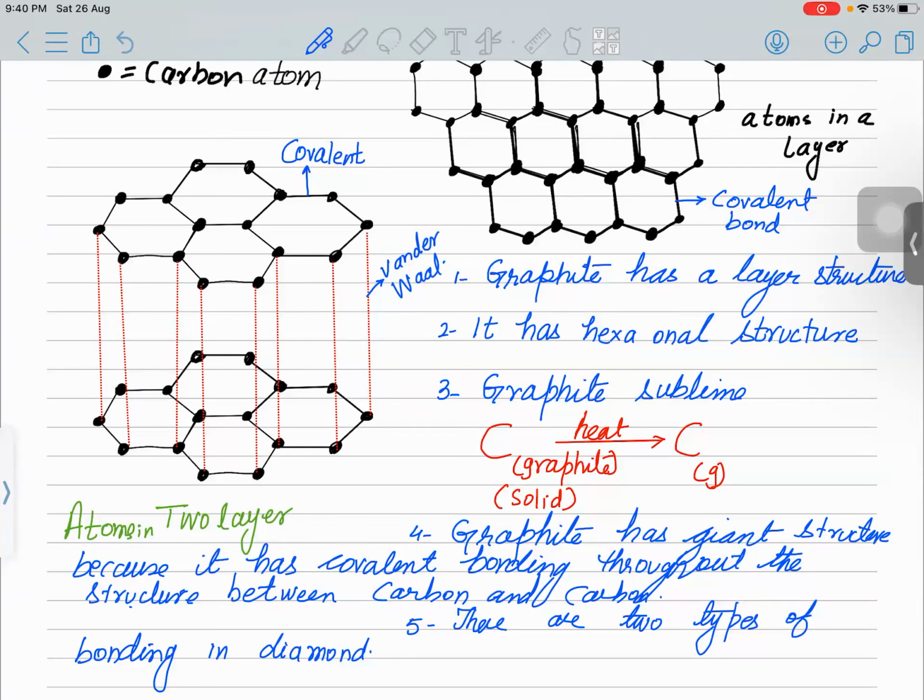Van der Waal is only attraction between two elements. This is called van der Waal.